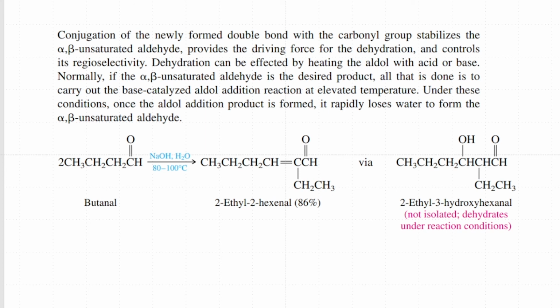So what invariably ends up happening is that the aldol product, once it is formed, rapidly loses water to form the alpha beta unsaturated aldehyde. So you would need to use some special reaction conditions to actually produce these hydroxy carbonyl compounds. Otherwise, normally the product that is formed is actually the 2-ethyl-2-hexenal.